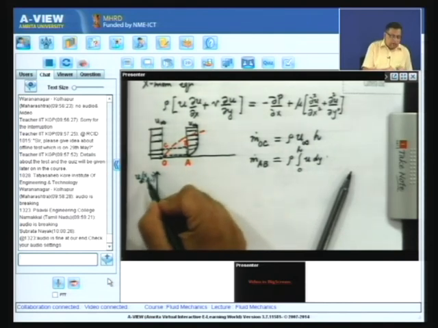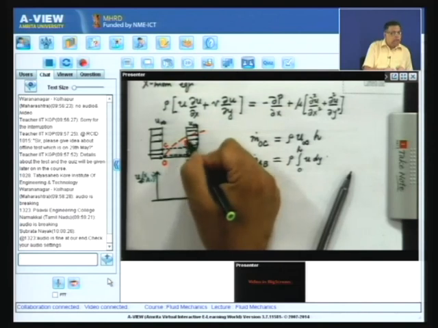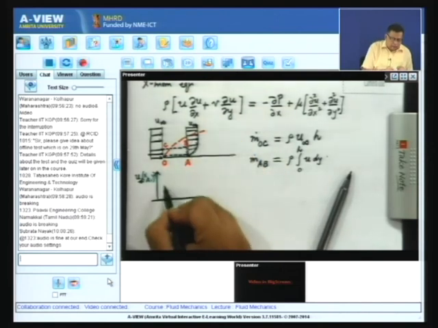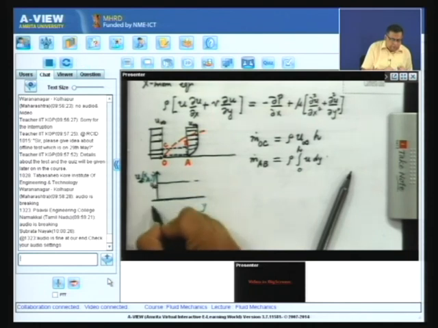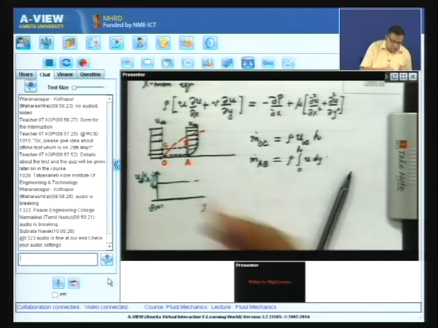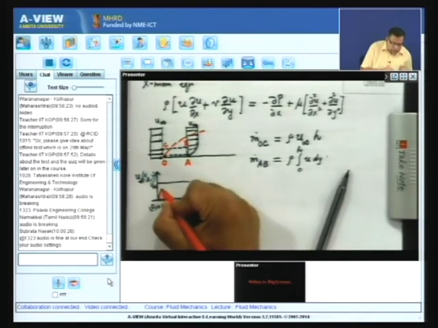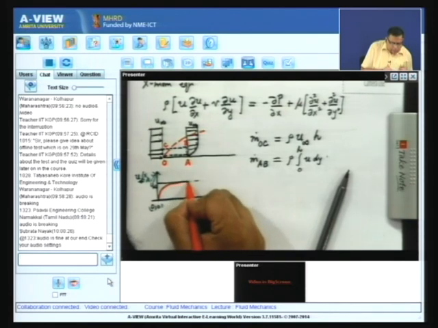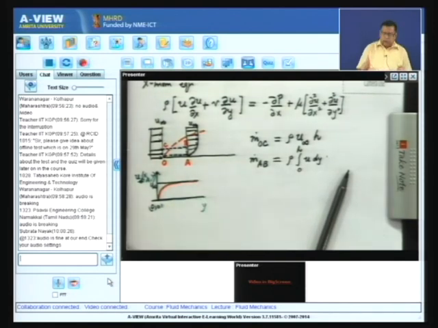So, what I am plotting is the velocity at this section. If this is my level u infinity and this is the origin 0 0, the velocity will start with the 0 value, increase and reach u infinity asymptotically.